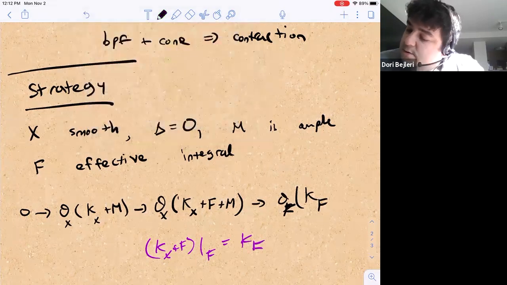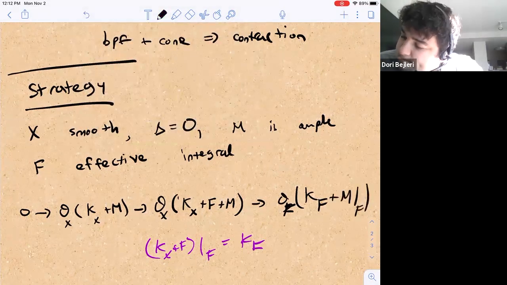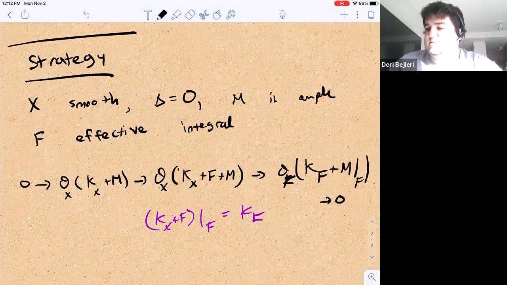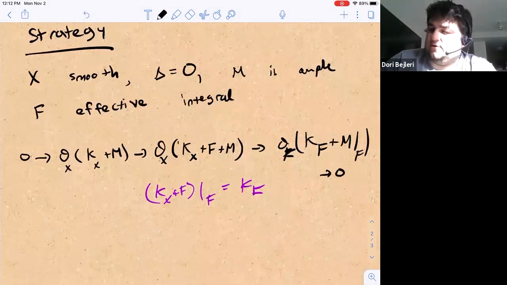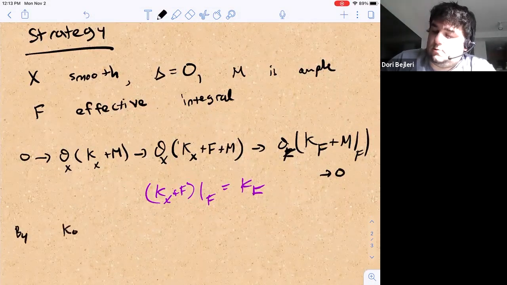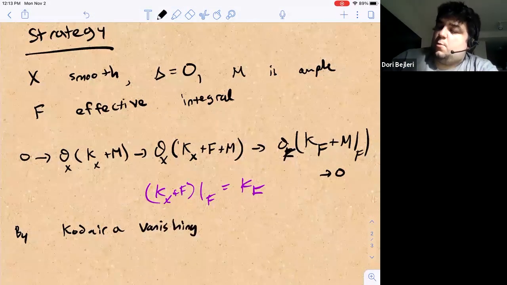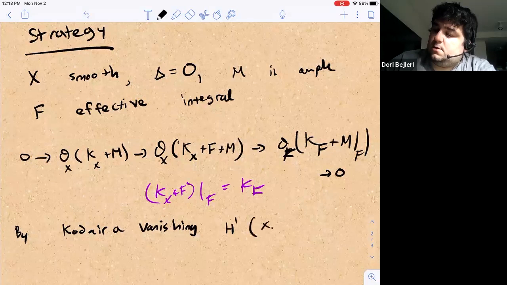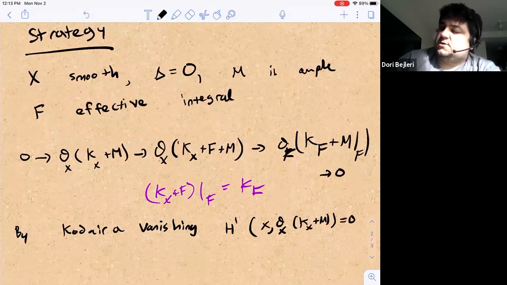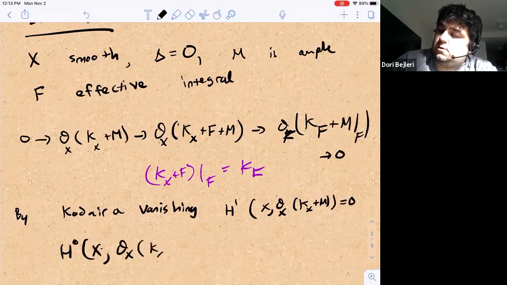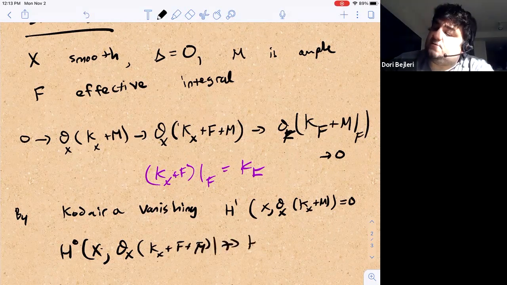And then we have M restricted to F. Okay, so in this very nice case, we have this exact sequence, and now by Kodaira vanishing, we know that H1 of KX plus M is 0, so that tells us that the map on sections given by restriction is surjective.